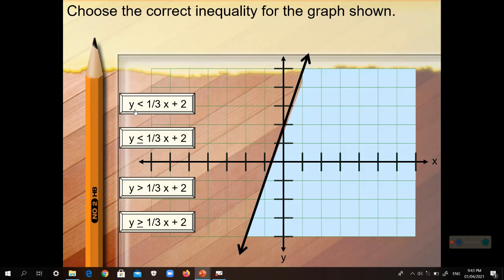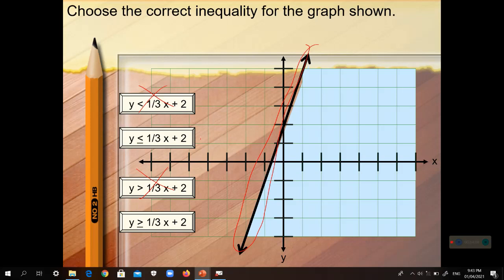Okay, correct. You have to make your clue. Okay, so since you are given the solid line, so you may cross this out. Because if you are given the solid line, you are going to have the greater than or equal to symbol and less than or equal to symbol.